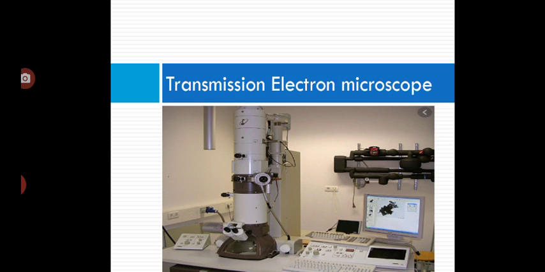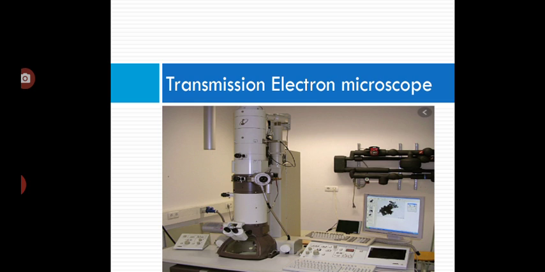The transmission electron microscope is a type of electron microscope, where there are two types of electron microscopy: scanning electron microscope and transmission electron microscope.